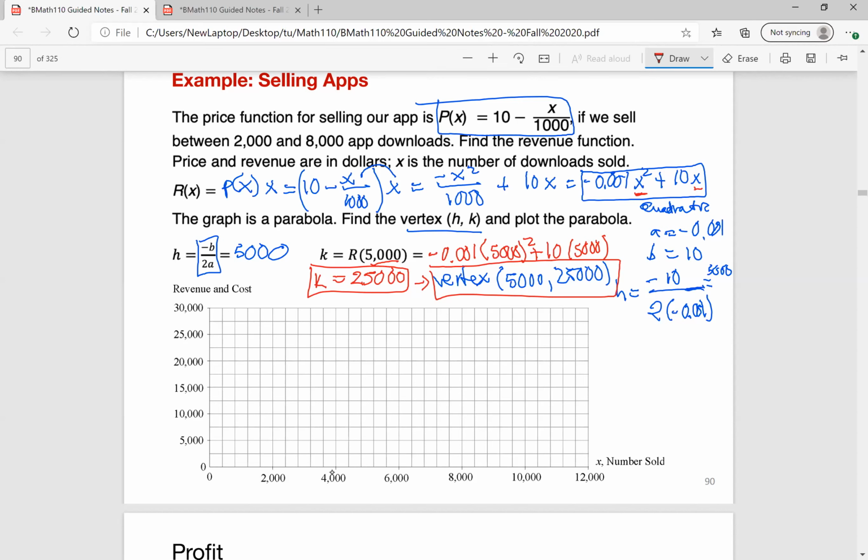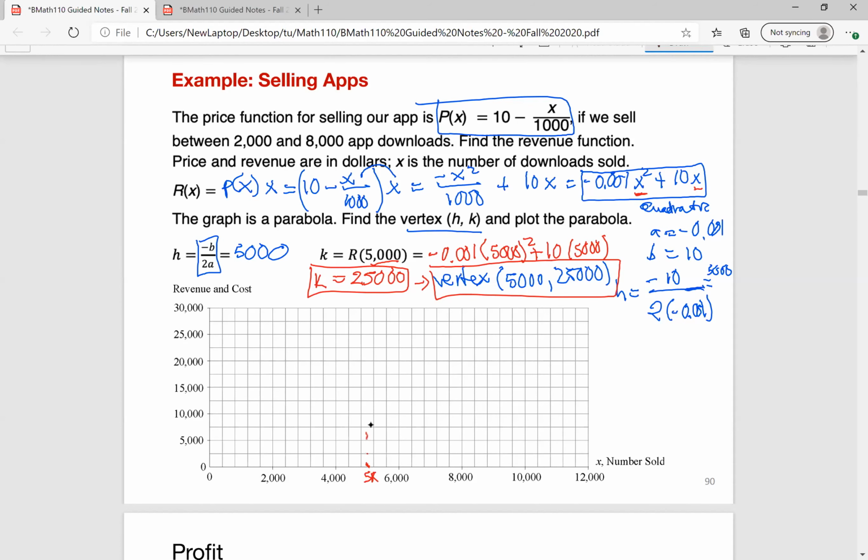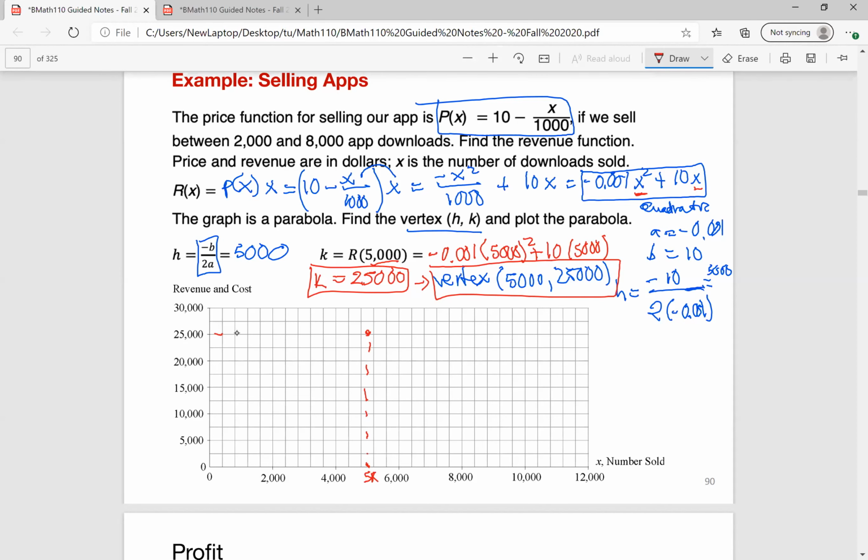So right here at 5,000, you can move up to 25,000. That's going to be the vertex.